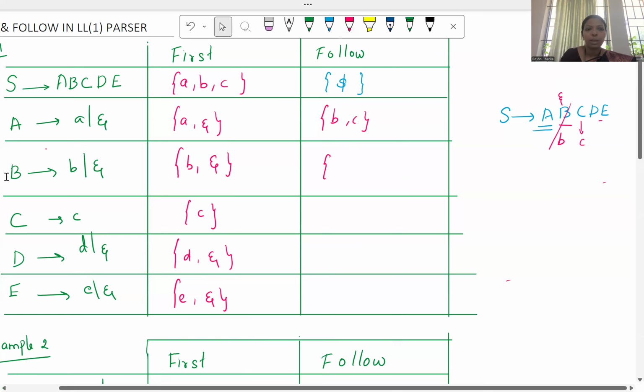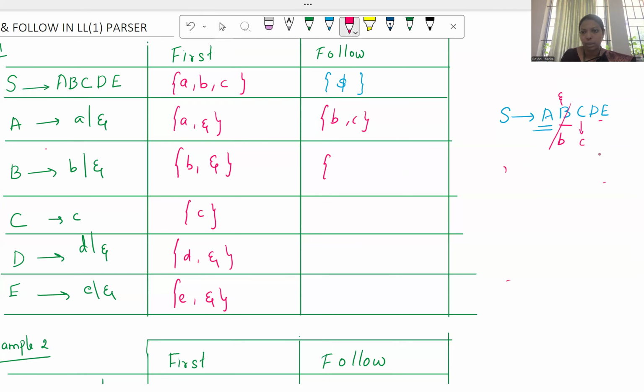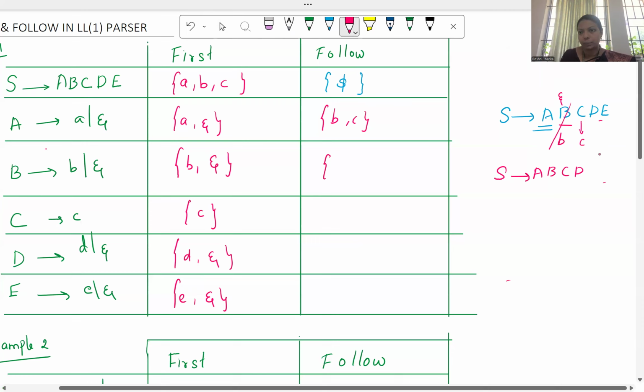So now if you see capital B, who is the follower of capital B? So that is what you have to write. Let me write the productions once again in this case. S derives A, B, C, D, E. So now we have to see who the follower of B is.